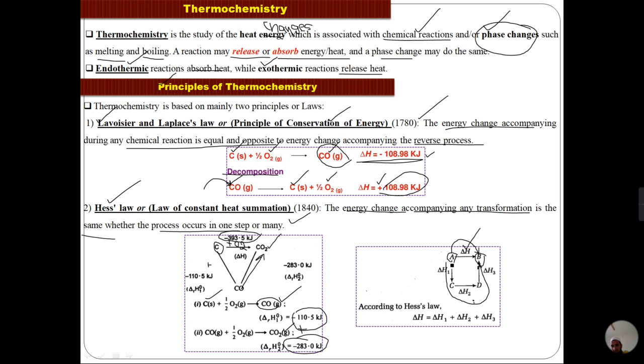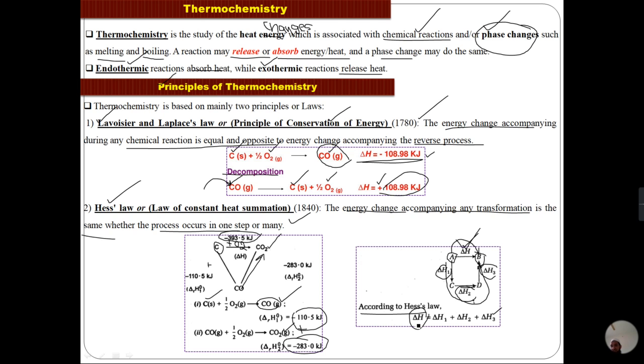We'll convert A into C, then C into D, and then D into B. This process requires heat changes at each step, that is delta H1, delta H2, delta H3. Now as per Hess's law, delta H1 plus delta H2 plus delta H3 is the same as delta H. So according to Hess's law, the total heat change through this pathway is delta H1 plus delta H2 plus delta H3.